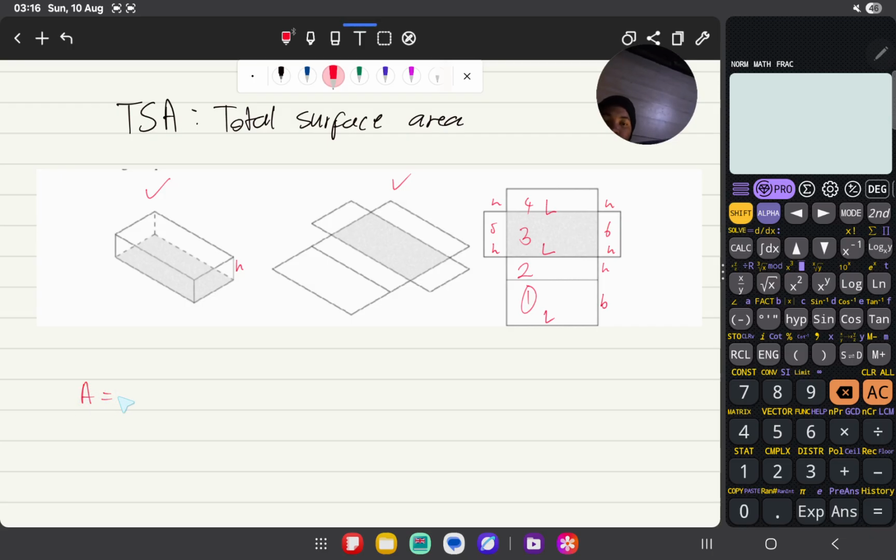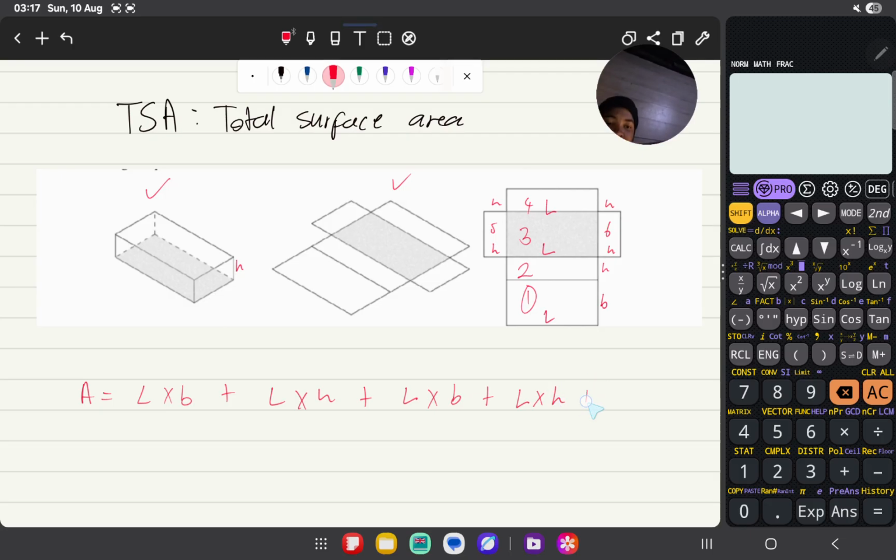Area is going to be number 1, length multiplied by breadth, plus number 2. Number 2, I have length times height. Number 3 is gonna be length times breadth, right? Number 4 is gonna be length times height.